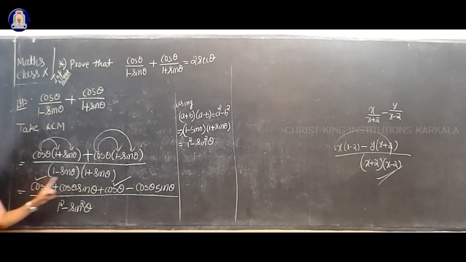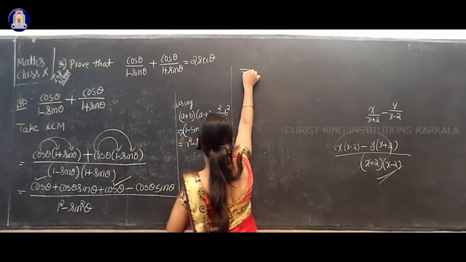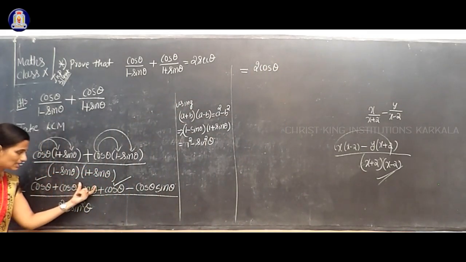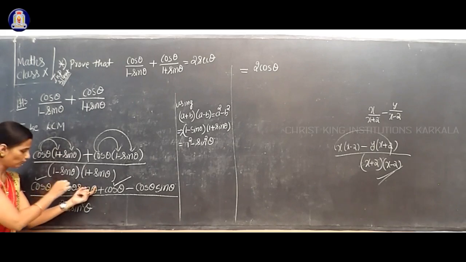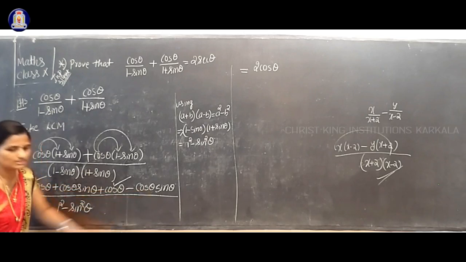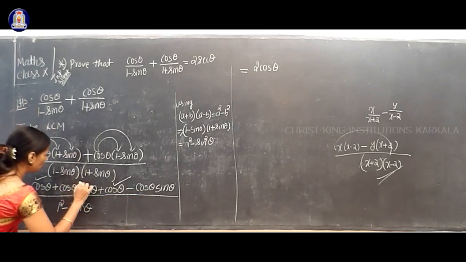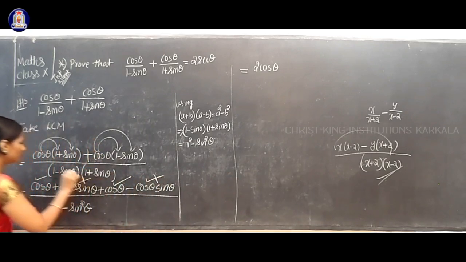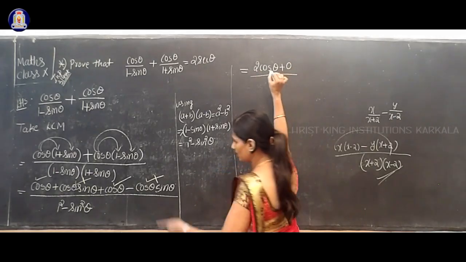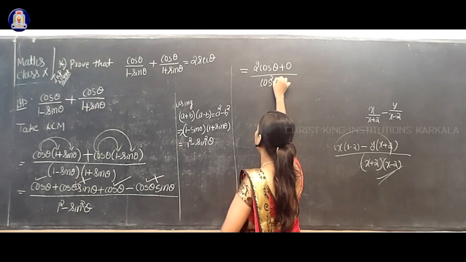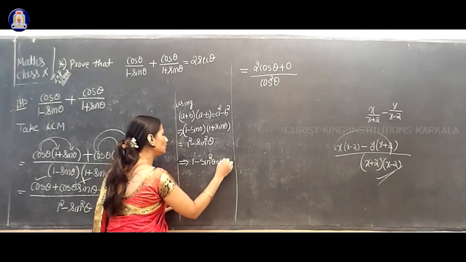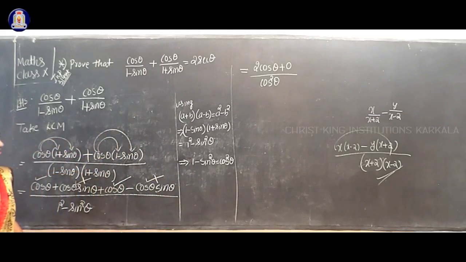Yes, because this is one cos theta. 1 minus sin square theta is equal to cos square theta.